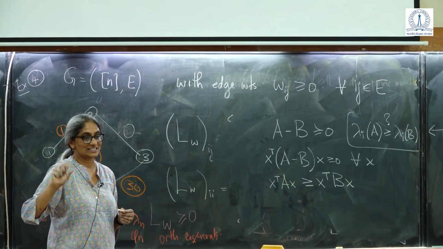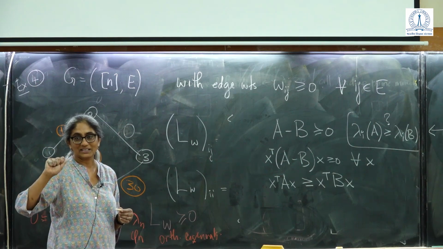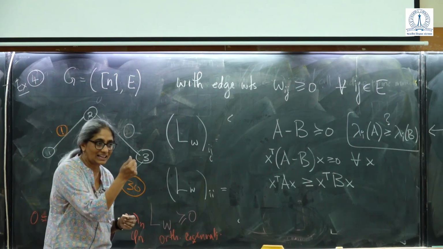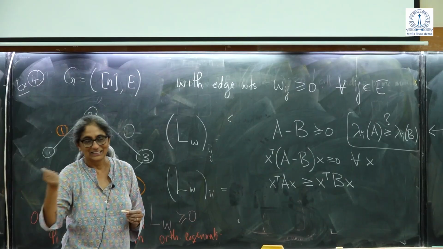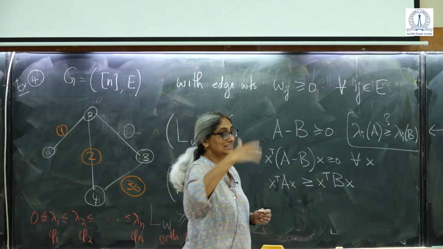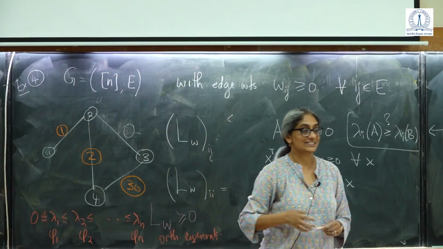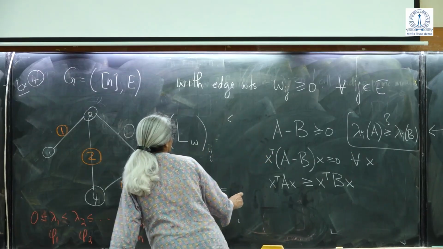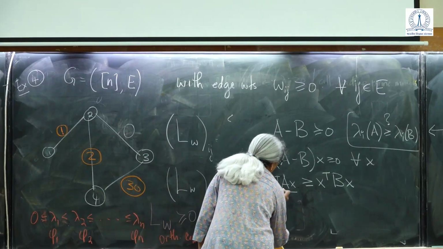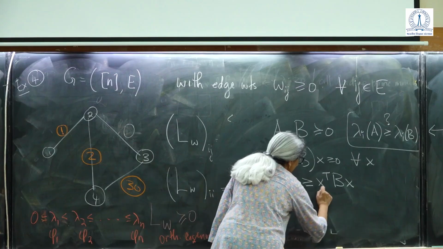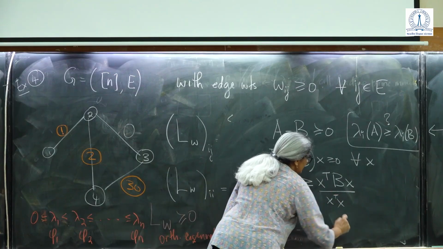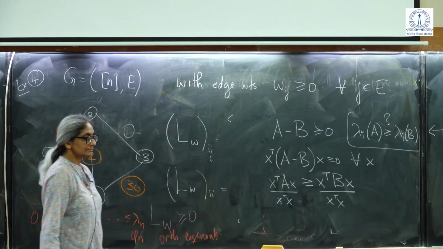In day one, we did something with the quadratic form, I told you that lambda k is something. Yeah, Rayleigh quotient, Courant-Fisher, all that. So let's divide by X transpose X on both sides. This is still true.